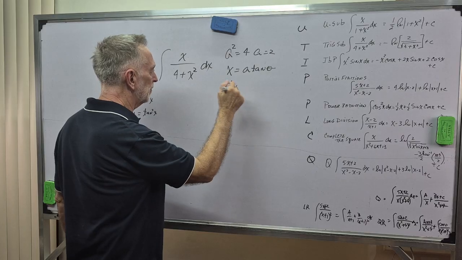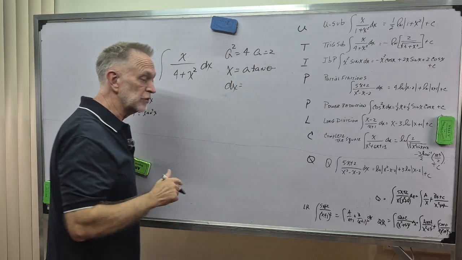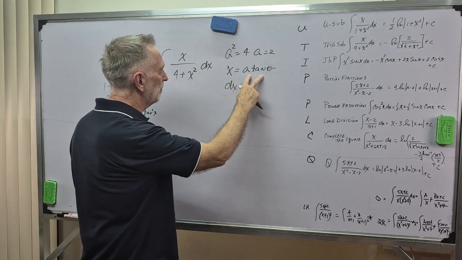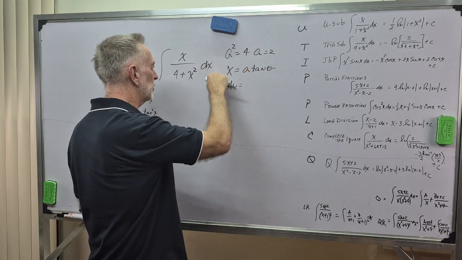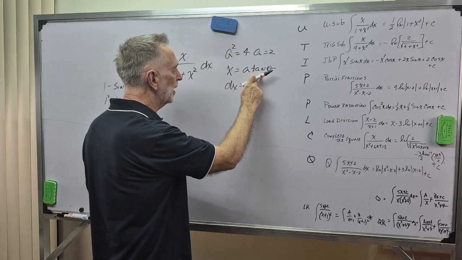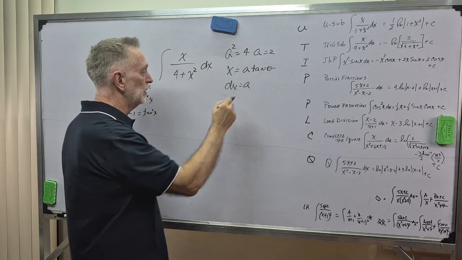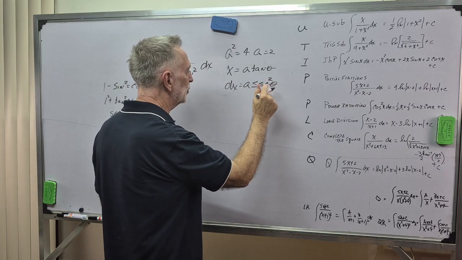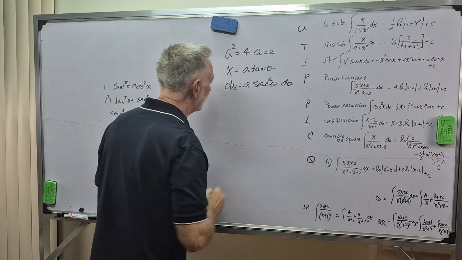Dx, the derivative of that: the constant multiple rule, we're taking the derivative of a function, we can pull the constant out and then take the derivative of that. So I have a times the derivative of tangent, which is secant squared theta, now chain rule, d theta.